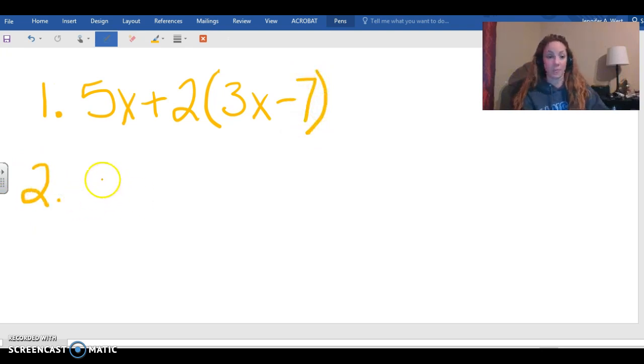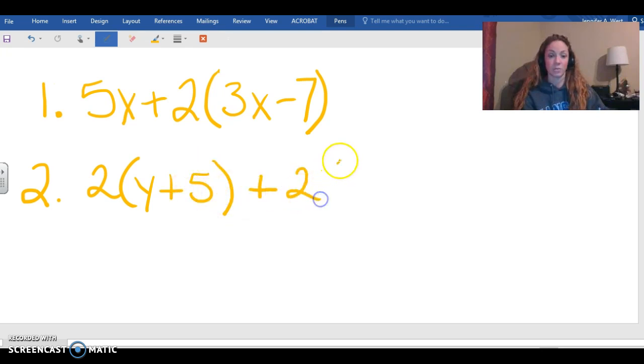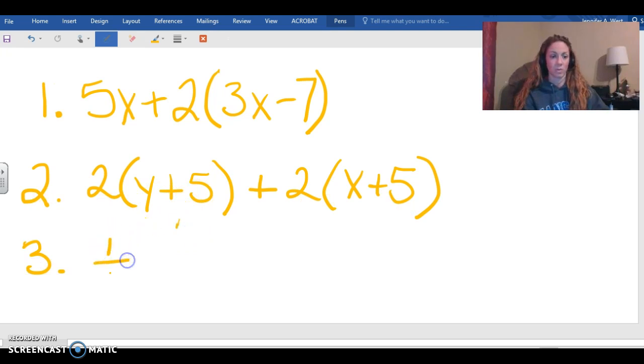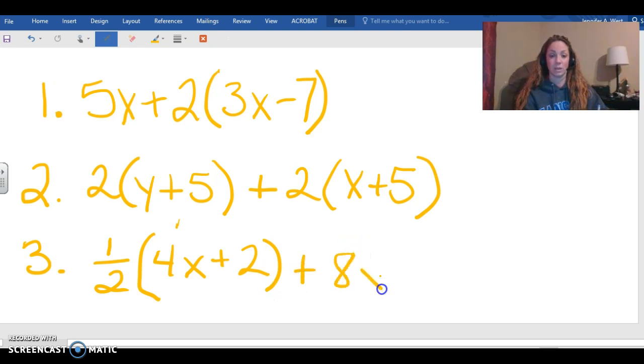Number 2. You have 2 times y plus 5 plus 2 times x plus 5. And the last one, number 3, is 1/2 times 4x plus 2 plus 8x.